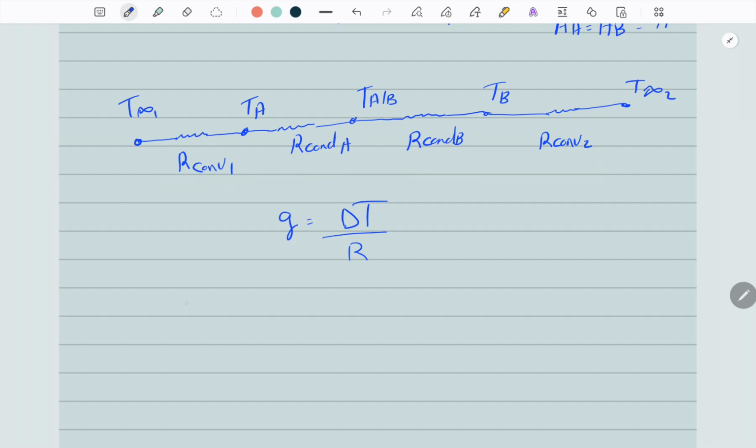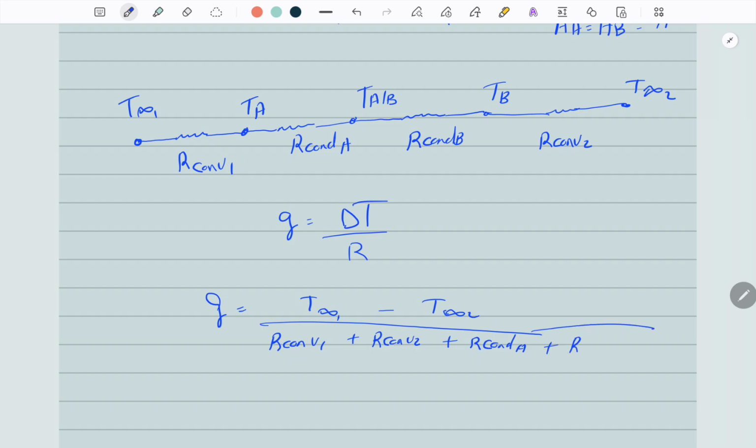Therefore, Q equals T infinity 1 minus T infinity 2 divided by all the resistance in the middle, which is R convection 1 plus R convection 2 plus R conduction A plus R conduction B. Okay? And that's how you get the total heat transfer.